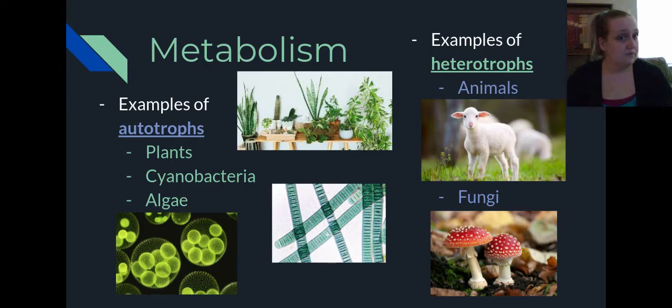Animals are mammals, birds, reptiles, insects, fish, all of these different things. And then fungus are going to include mushrooms, mold, and other organisms like that. Now, fungus are unique because they actually cause organisms to go through a decaying process, and they help release nutrients back into the environment.